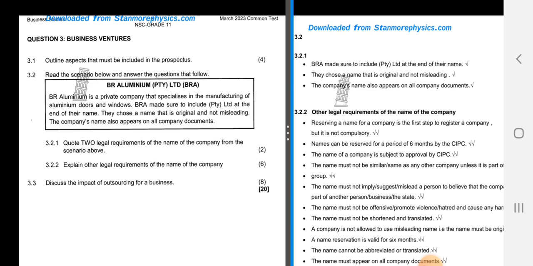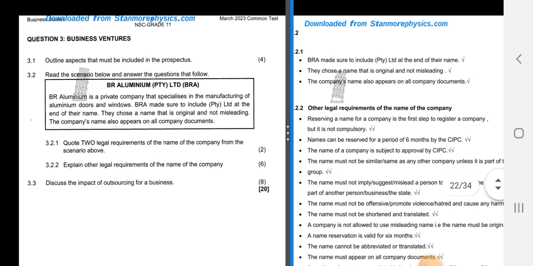Reserving a name for a company is the first step to register a company, but it is not compulsory. Business names can be reserved for a period of 6 months by CIPC. The name of a company is subject to approval by CIPC. The name must not be similar or the same as another company unless it is part of a group.